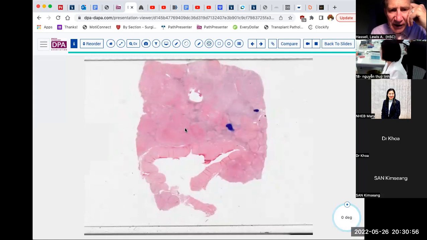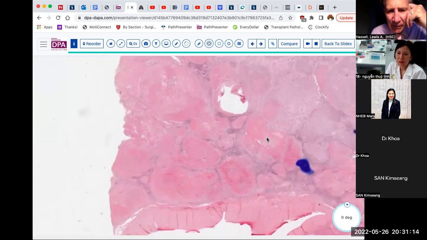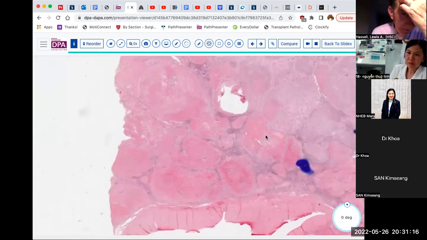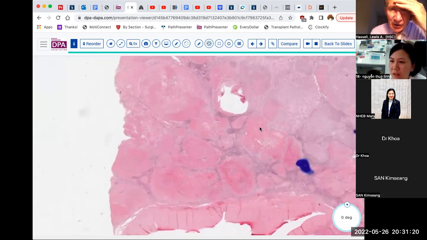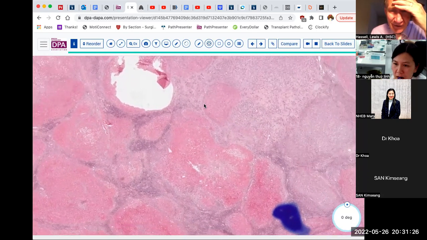Now here's another example, and here we do see what looks like a bit of cirrhosis in the backdrop. Rounded nests and some intervening inflammatory component in the portal tracts. Looks like I'm getting the colored circle of, there we go, finally got it loaded.